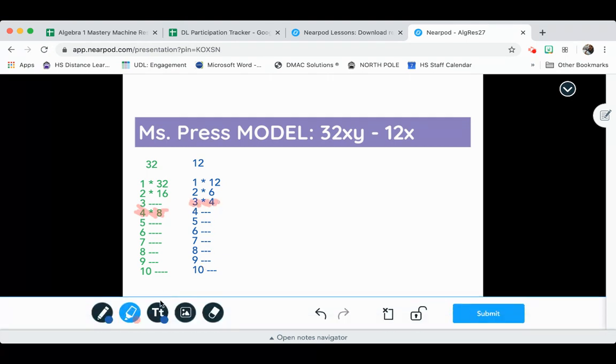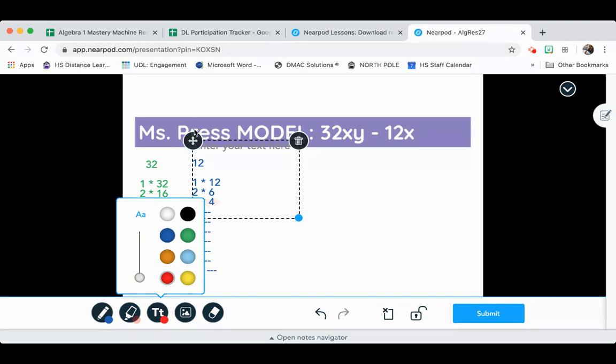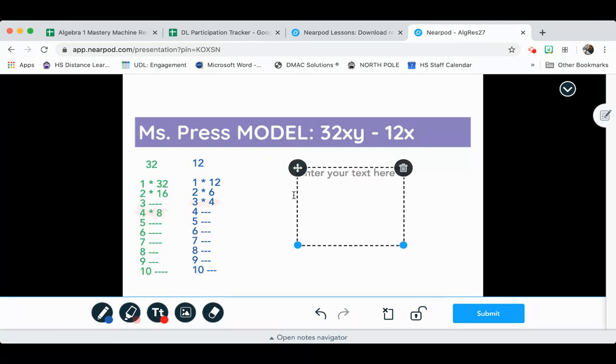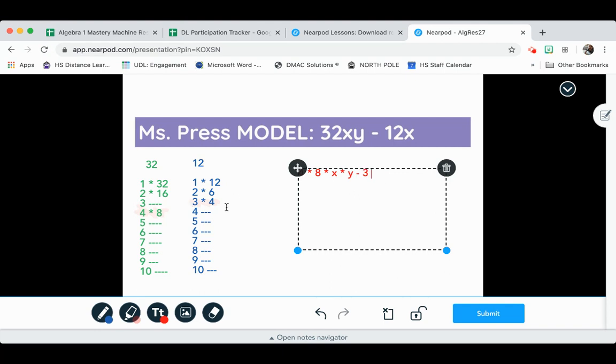Okay, so now I'm going to write my new expression, but I'm going to write it using the factors. So instead of 32, I'm going to put 4 times 8, and then I also have times x times y. And then that's minus, because there's a minus sign in the middle, minus, I'm replacing 12 with what I highlighted there, 3 times 4, and that also has an x.